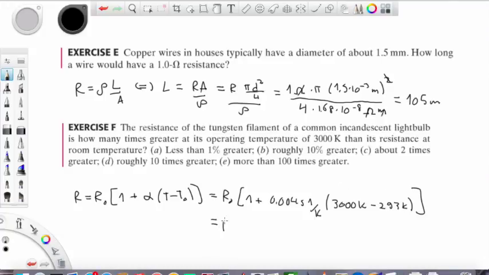So we will get R0 times 13.2, which means that the resistance at 3000 Kelvin is about 13 times greater, or roughly 10 times greater.